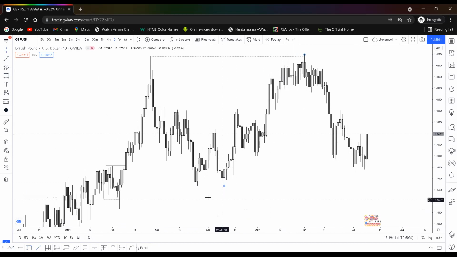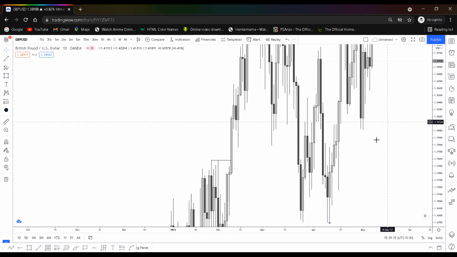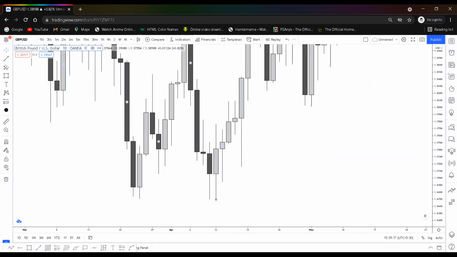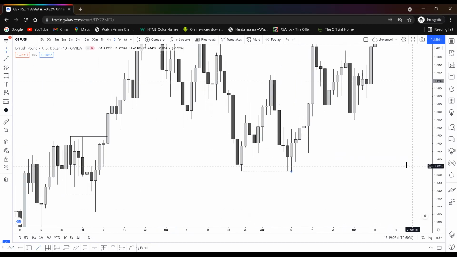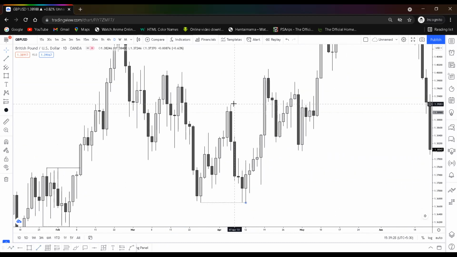Even though this seems like relatively equal lows, they were not equal lows. This candle took out liquidity from all of these lows and then went higher. Like I told you, this candle did the manipulation and then broke structure to the upside. So now a new range has been created.